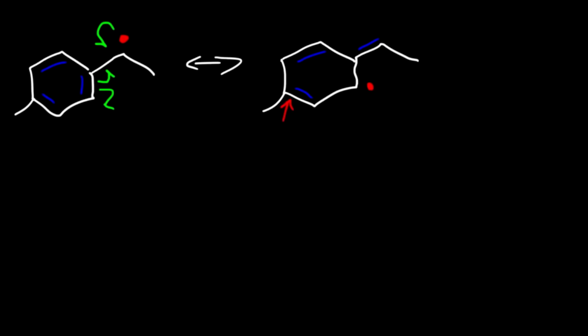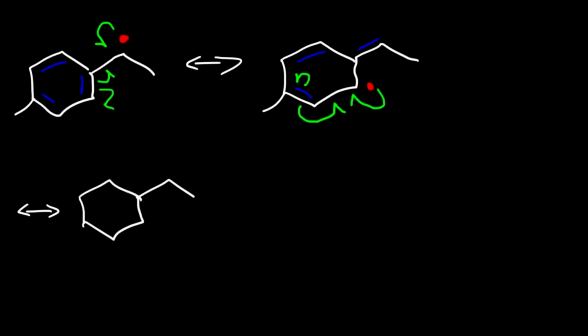Next, it is going to jump 2 carbons away to the next position. So 1 electron will move over here, and this unpaired electron will combine with it to form a double bond, and the other unpaired electron will form a radical 2 carbons away. So now we have a double bond here, and this is a tertiary radical.